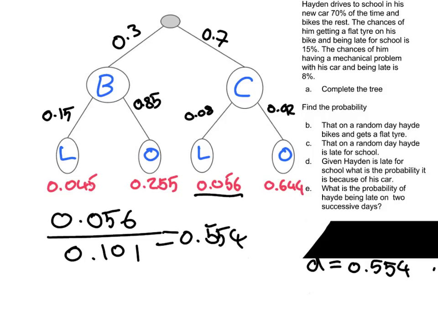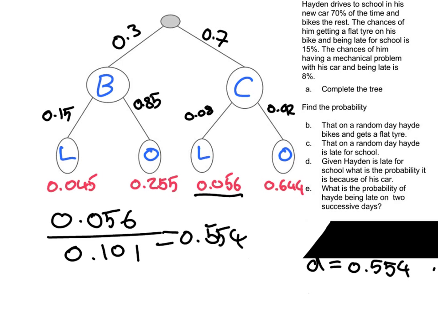So we know what the probability of him being late is. We know what the probability of him being late because of his car is. So we need to compare those two, and we divide the probability of him being late by his car, by just the probability of him being late overall. Alright, I know that was a bit new. You can ask me questions about that in class if you need to.